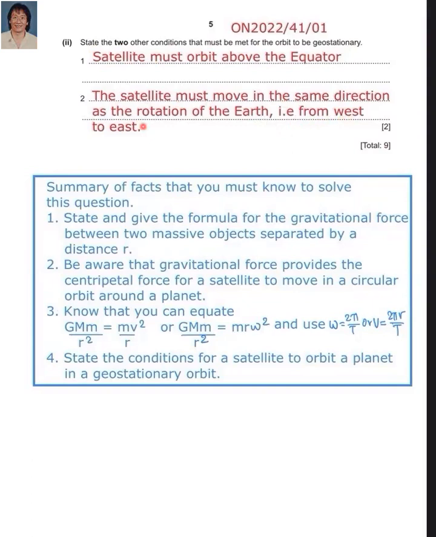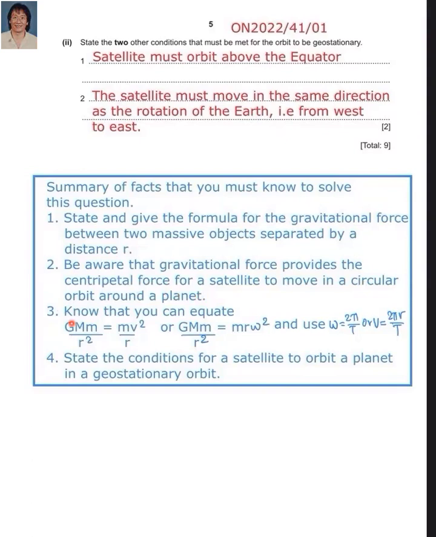And then this is a summary of the facts that you must know to solve this question. Number 1, you must be able to state and give the formula for the gravitational force between 2 massive objects separated by distance r. Number 2, you must be aware that gravitational force between 2 objects provides a centripetal force for a satellite to move in a circular orbit around a planet.